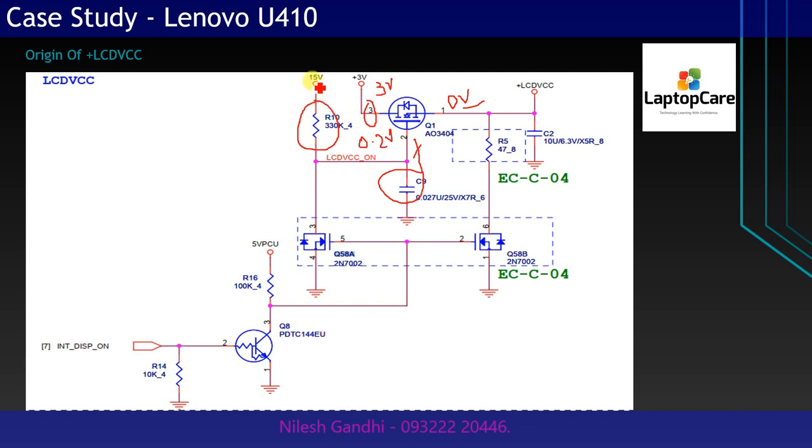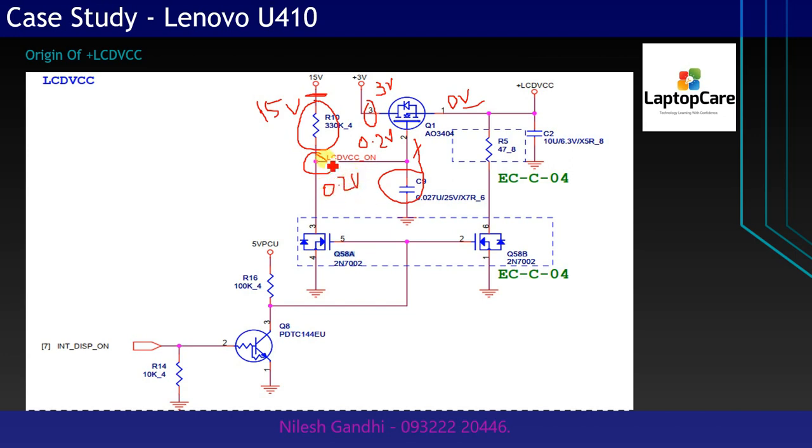Here I checked at the upper point of R10 resistance 330K, it is plus 15 volt, and at this junction it is only 0.2 volt.